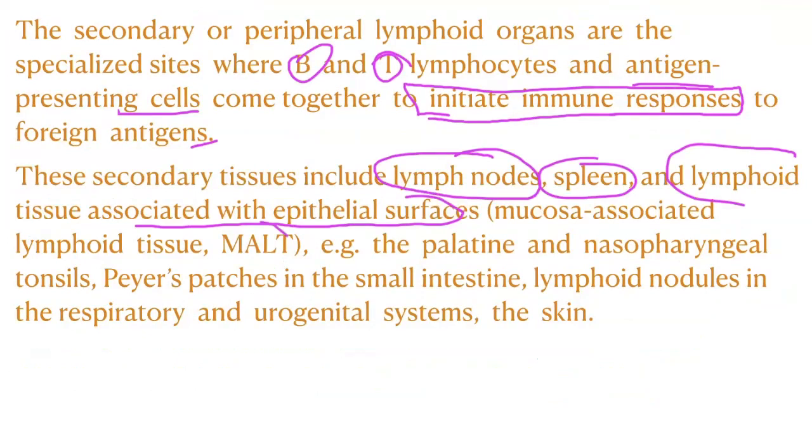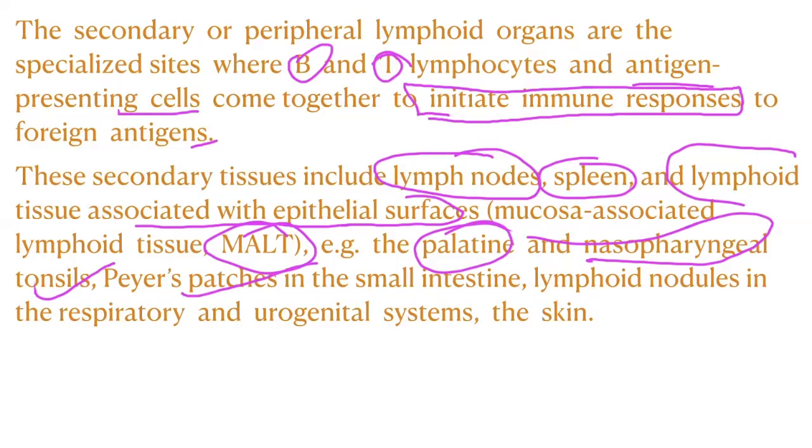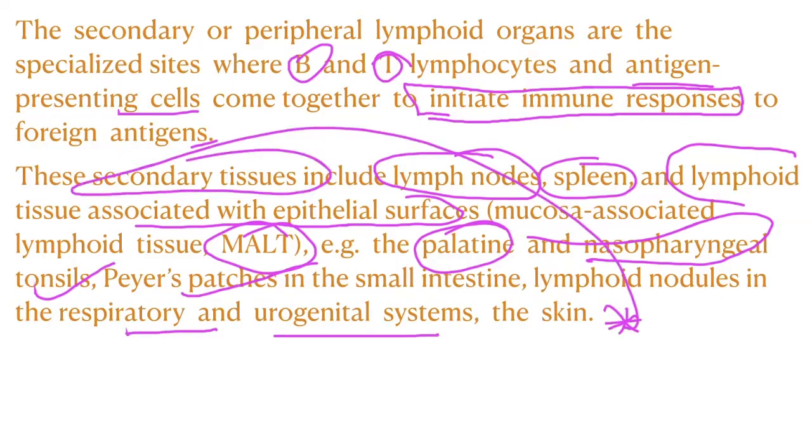It is called MALT, mucosa associated lymphoid tissue. For example, palatine and nasopharyngeal tonsils, Peyer's patches in the small intestine, and lymphoid nodules in the respiratory and urogenital system. All of these are examples of secondary lymphoid tissues, including all lymph nodes, right.